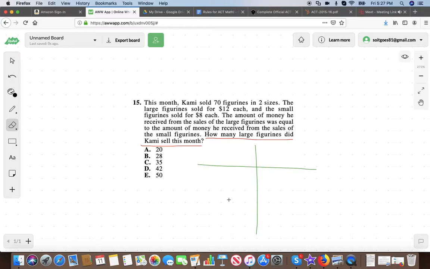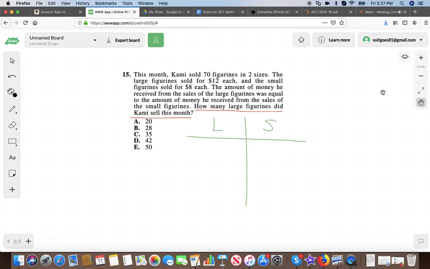We've got some unknown number of large figurines, some unknown number of small figurines. Does that make sense? We can test the answer choices with basic arithmetic. If he sold 20 large figurines, how many small figurines did he sell?